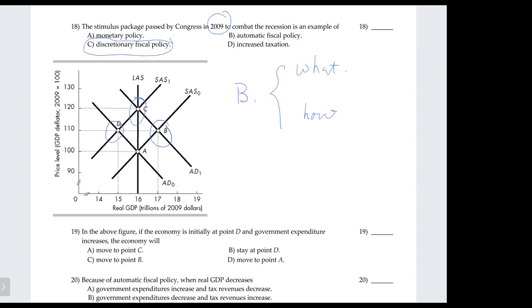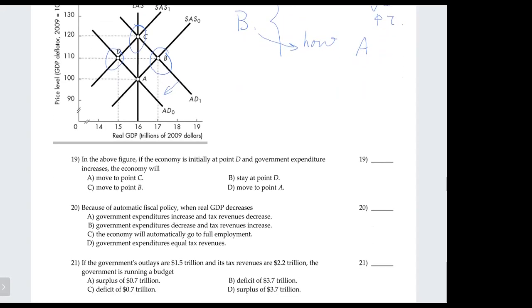Okay, so usually if we are in D, meaning we are in an inflationary gap, and the government wants to cool down the economy, then they're going to reduce G or increase T. So that means you're going to bring down the aggregate demand. That means the economy is going to go back to A. Okay. So, but here we are asking what happens if we are in D. Okay, so the answer is A.